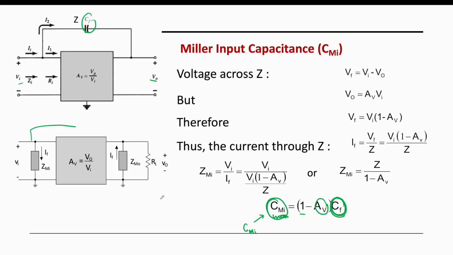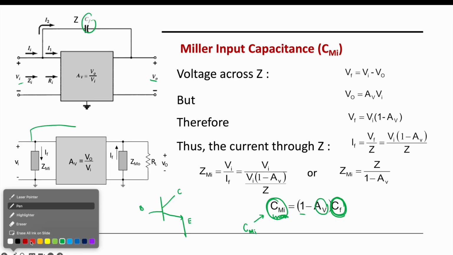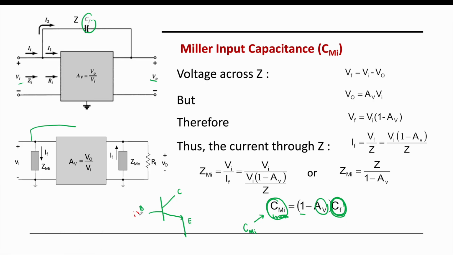And if we recall, we always need to relate this with the internal capacitance that you have been introduced to. This is our base, this is our collector, and this is our emitter. Base is our input, and collector is our output, right? Between the base and the collector, we have the internal capacitance called CBC.